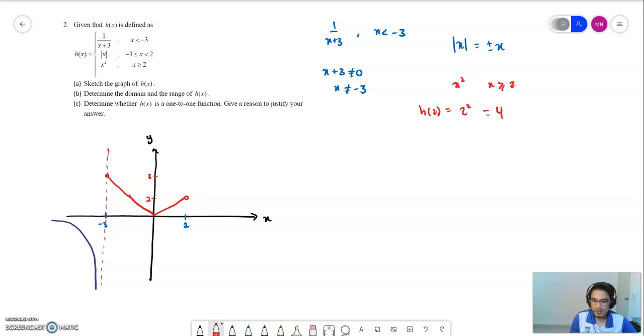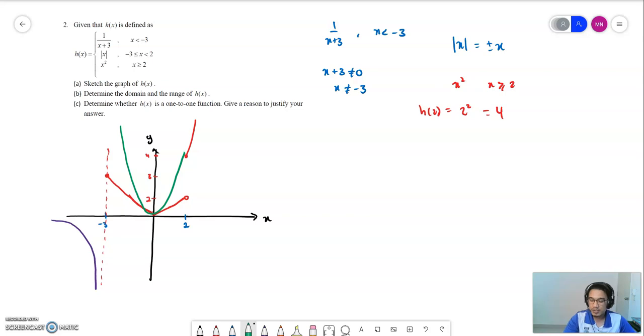So that means when x is equal to 2, our graph must start at 4. Because it is x square, it must be in the shape of a quadratic, something like this.